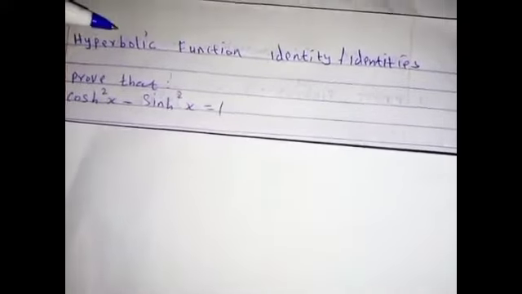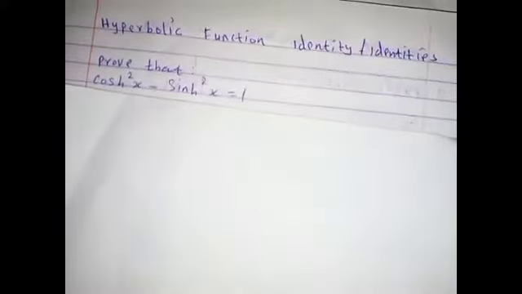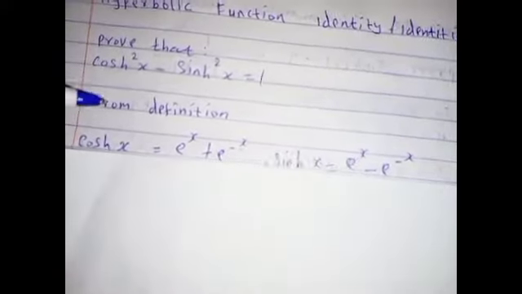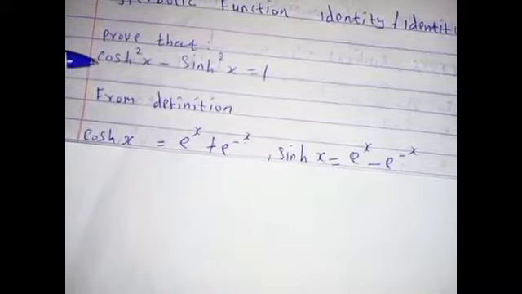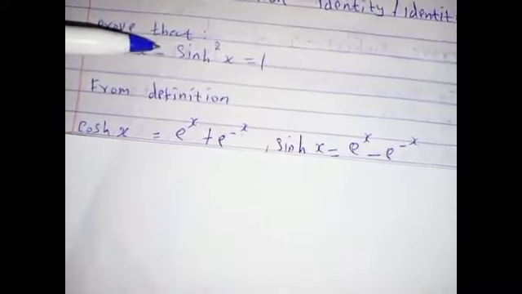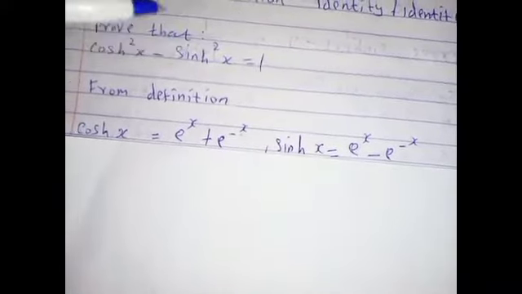Before then, there is this very important identity which is applied in getting the derivative of hyperbolic inverse function, which says that cosh squared x minus sinh squared x is equal to 1.